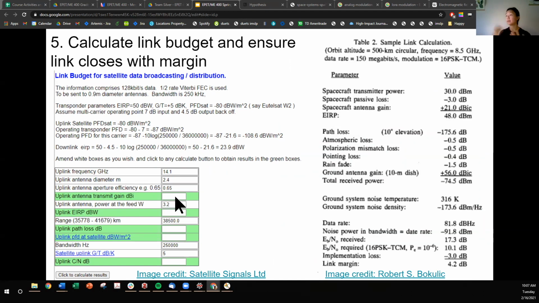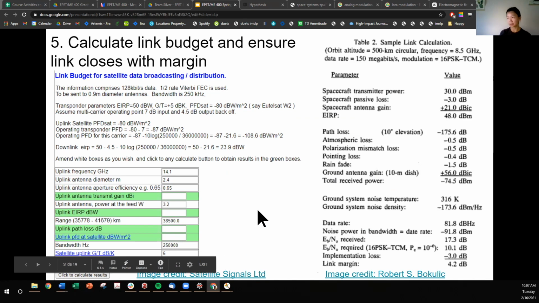You look these numbers up in spec sheets or you calculate them, and then you input them into some predefined calculator, and then it'll get you, click to calculate results. It'll show you the amount of margin you have at the very end in that direction.